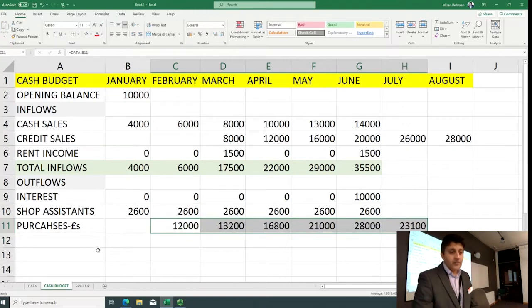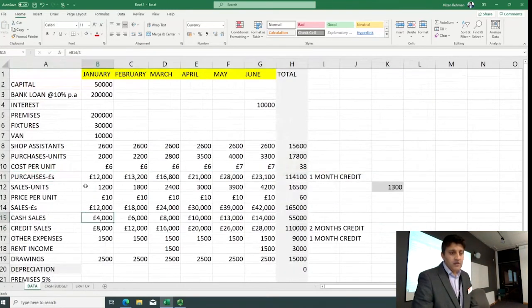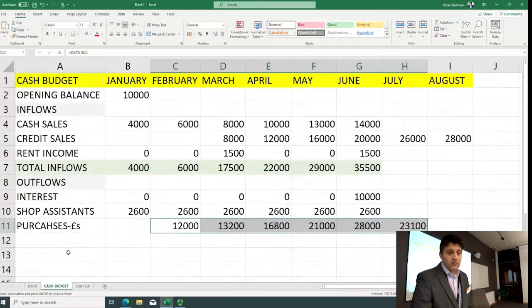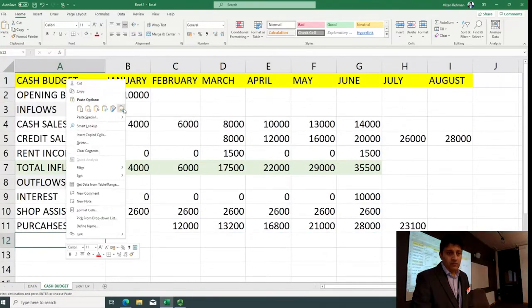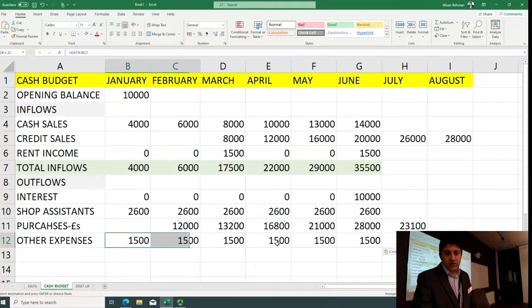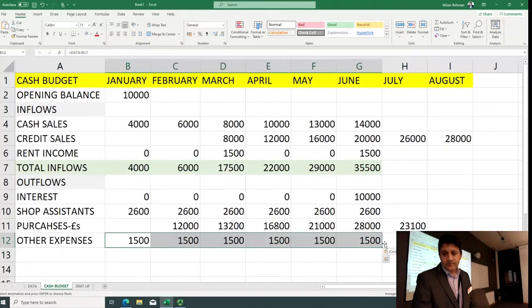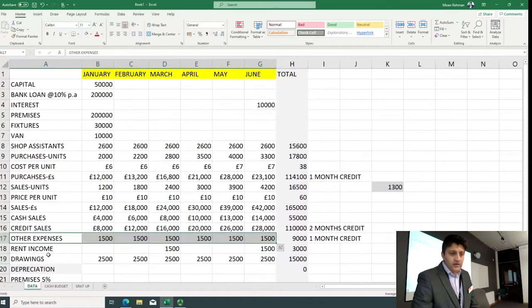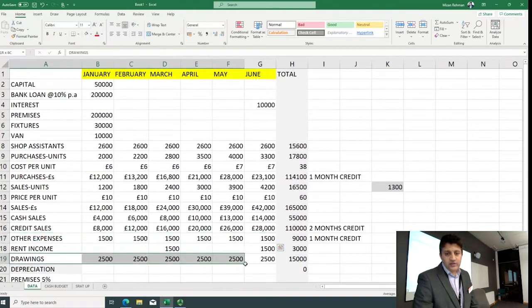So sales, cash sales, other expenses. One month credit as well. And rent income drawings is an outflow.